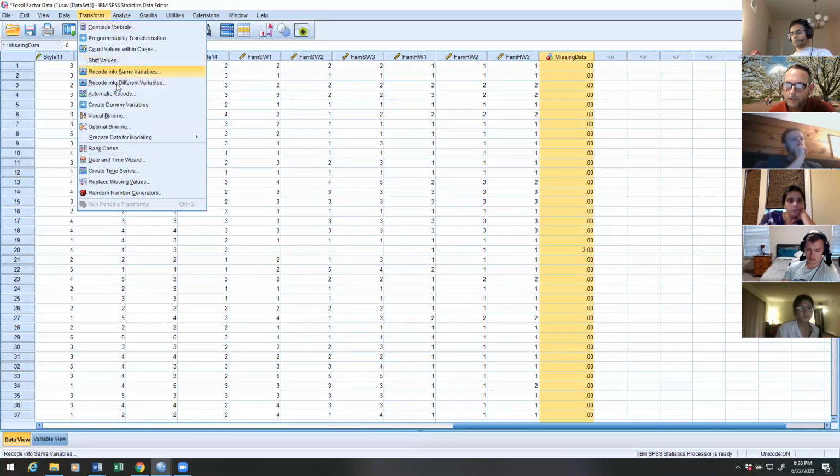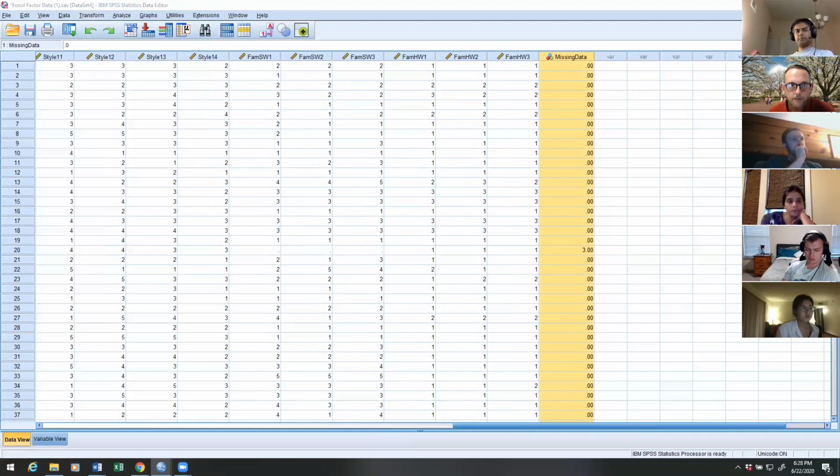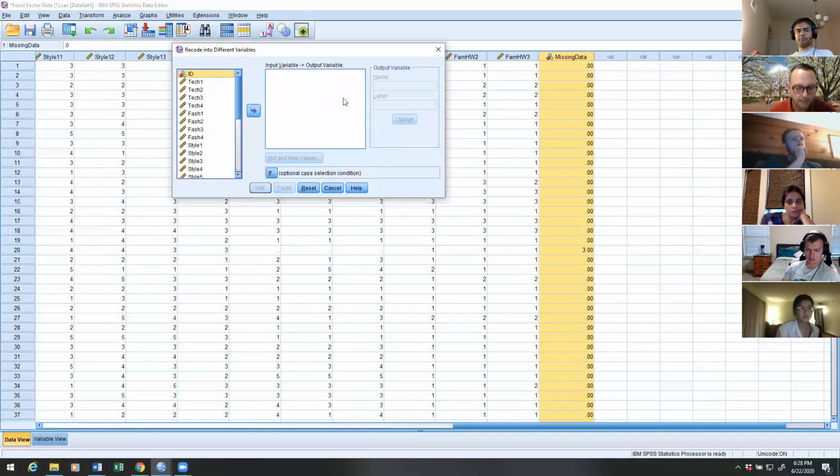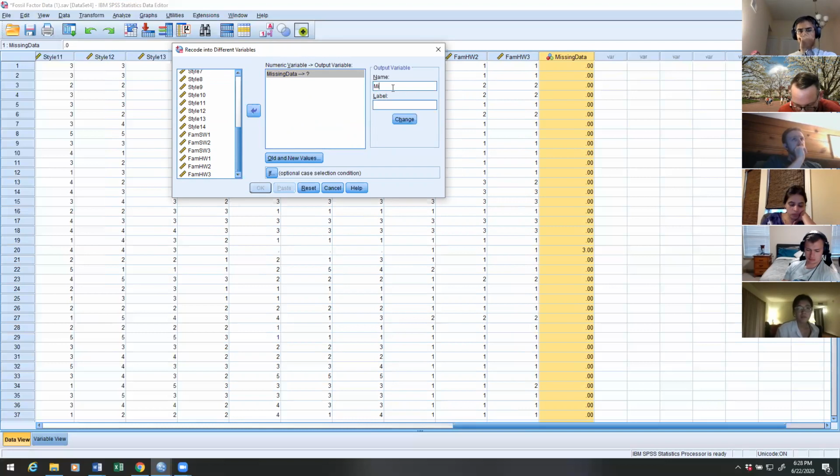And what I'll do is I'll recode into a different variable. So walking through some of this may actually be informative and help a little bit, just some techniques that you can do in SPSS. So I'm going to call this missing dummy. It's not really a dummy, but it's kind of like a dummy. And so I'm going to create a new variable.